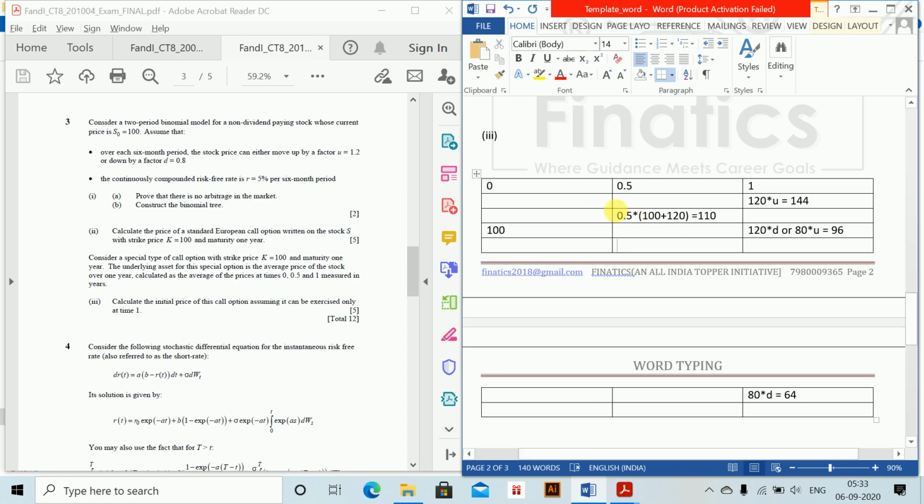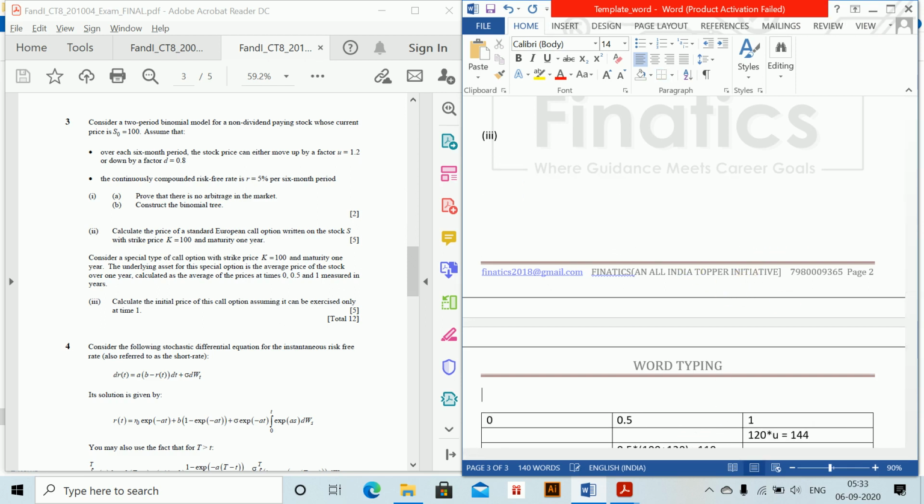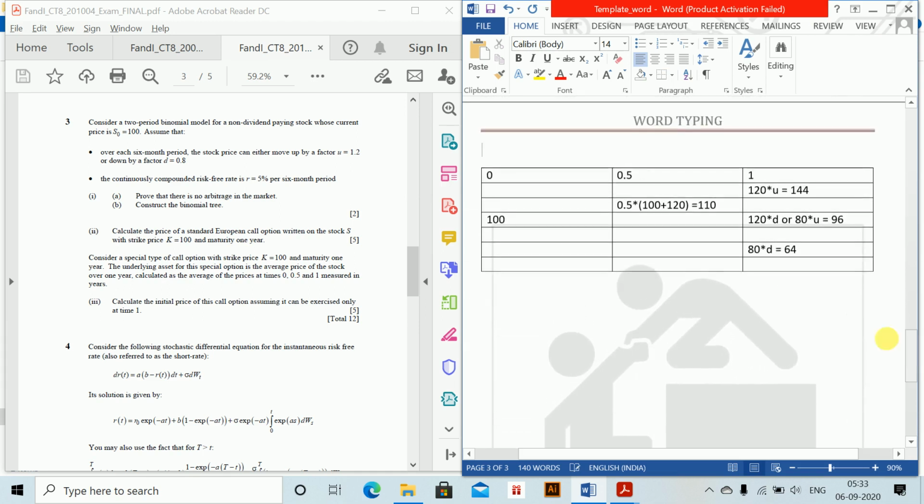And down it will become, so give some space. After 100 I'm writing here 100, coming down. Since this is a non-recombining tree, say 100 is going here.